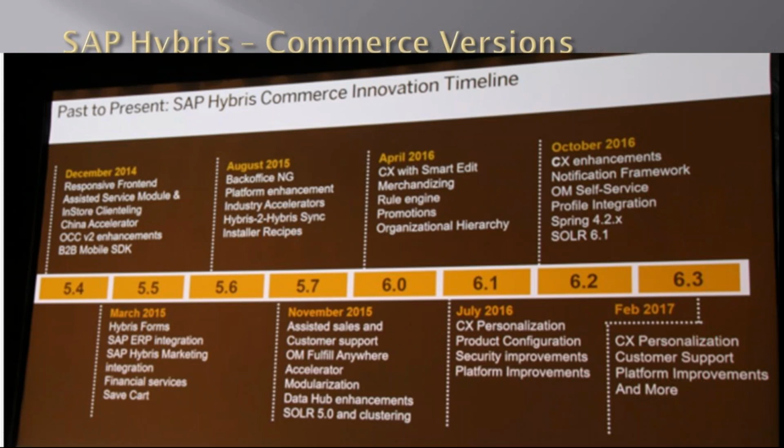In December 2014, almost 15 months after merging, they released the first version of SAP Hybris Commerce technology, which is version 5.4. After that they released a lot of versions, and features were added from one version to the next.